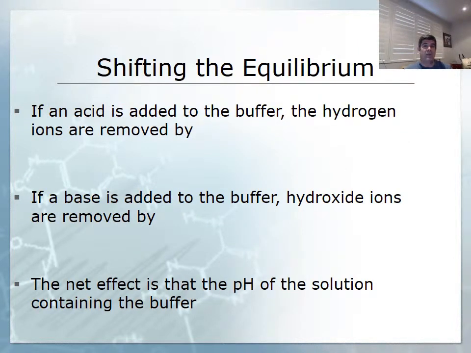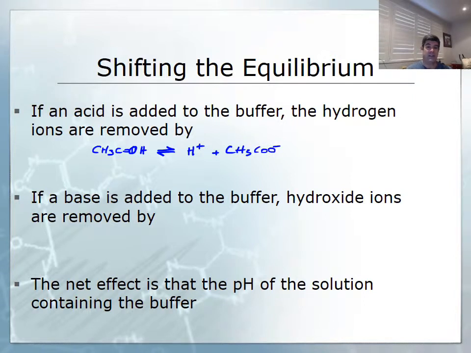So what we want to do then is look at what happens to a buffer solution when we make some change, either by adding an acid or an alkali. Let's look at one particular system, the acetate or ethanoate system: CH3COOH, which is in equilibrium with H plus ions and CH3COO minus ions.